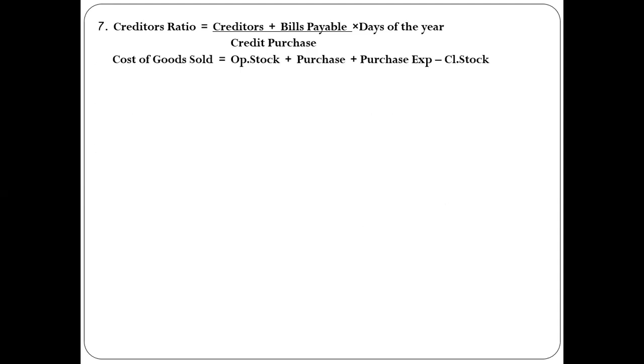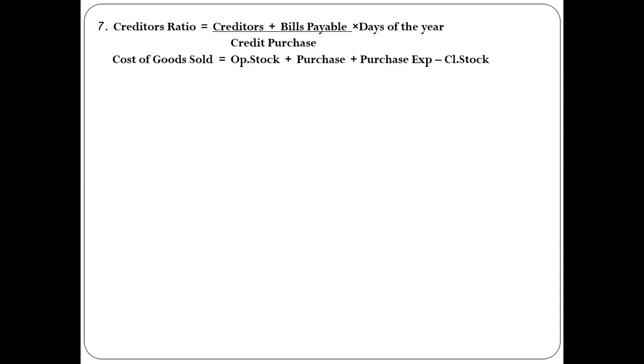See, we have already amount of sales, but we don't have the amount of purchase. So how we will find the purchase? We have the formula of cost of goods sold. What was the formula? Cost of goods sold is equal to opening stock plus purchase minus closing stock.